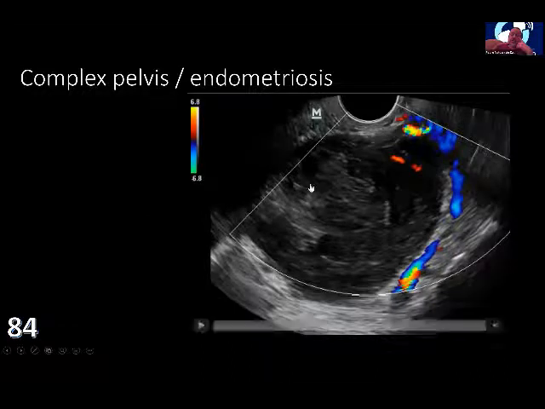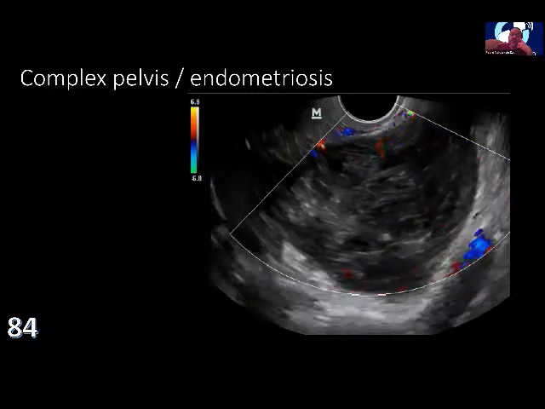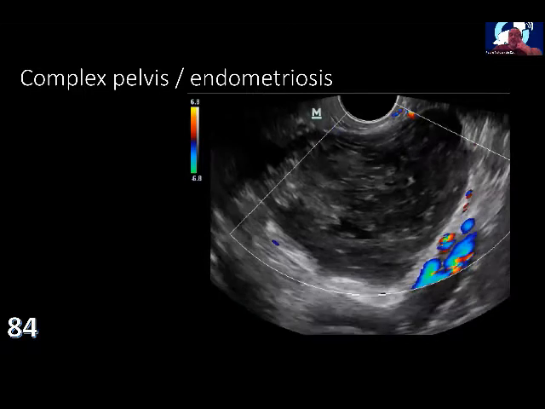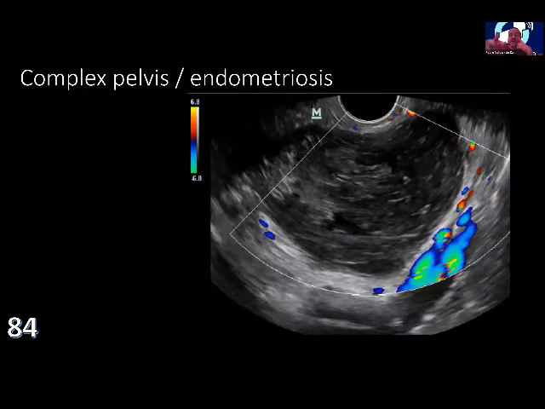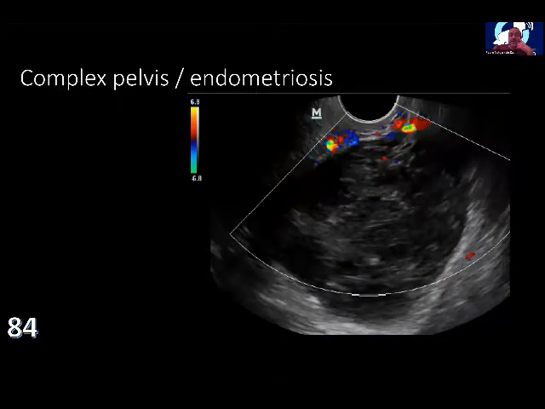And color flow usually doesn't show much vascular activity inside, but on the boundaries. We can squeeze the thing a little bit. That's the usual presentation of what we call a chocolate cyst, an endometrial cyst, an endometrioma.